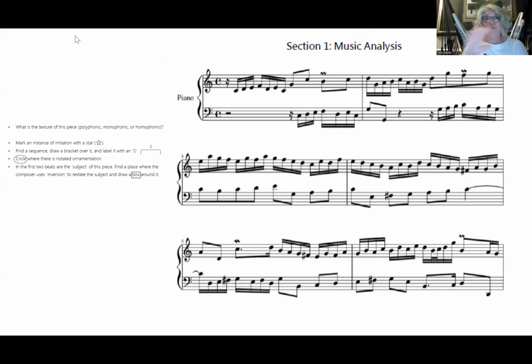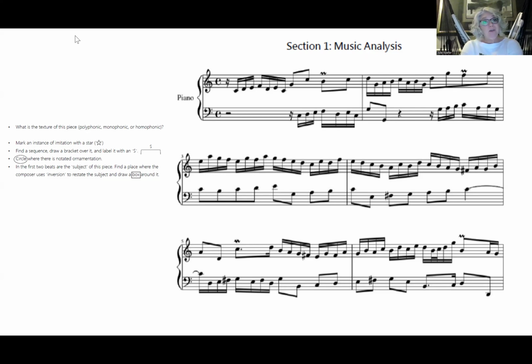Monophonic means that you only have one line of music and everybody does the exact same thing. Sometimes we call that unison. And the other texture is the homophonic, where you might have both lines of music, all the notes kind of line up. They might be doing different notes, but the rhythms themselves all line up.